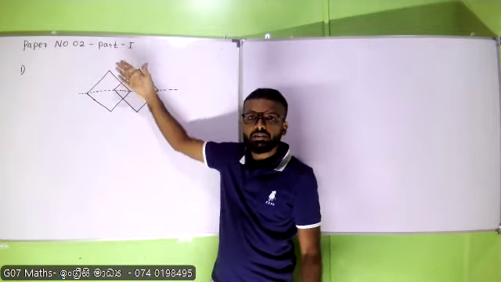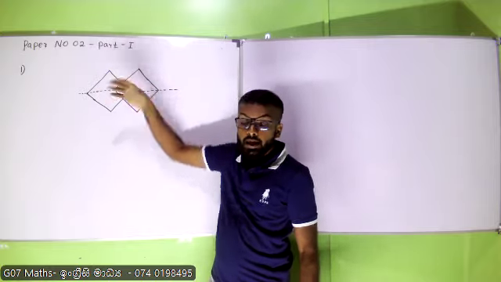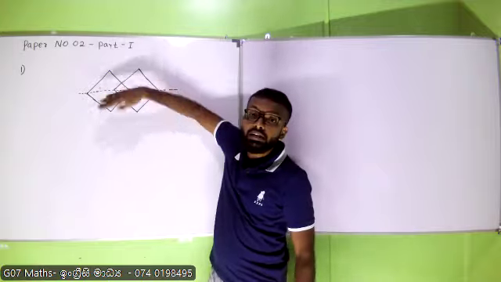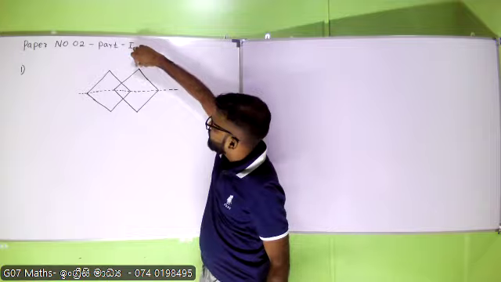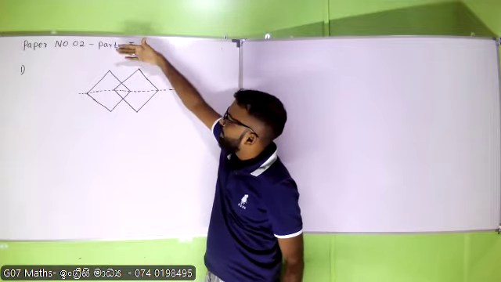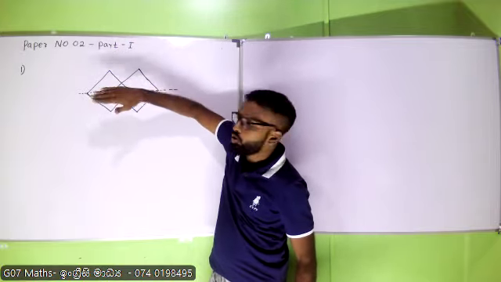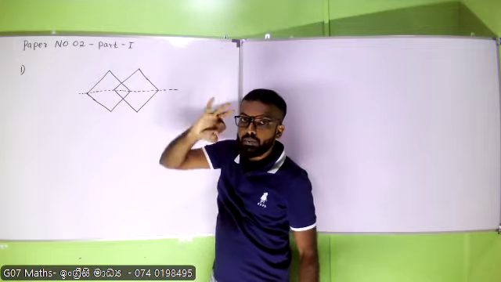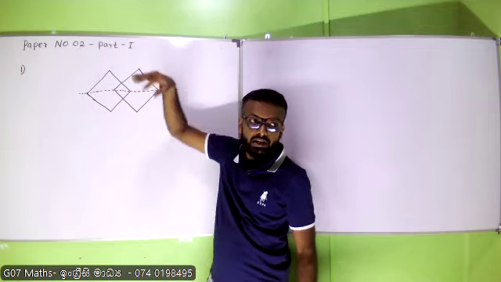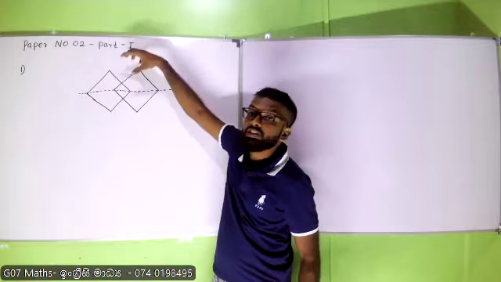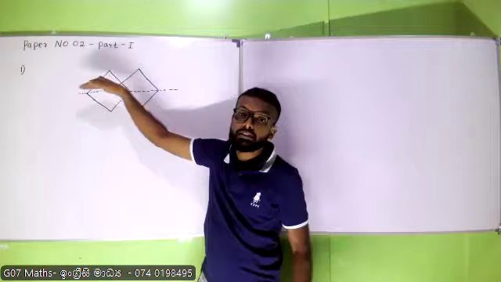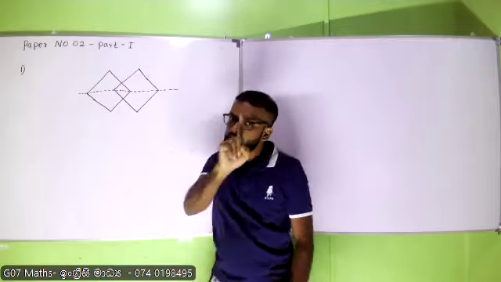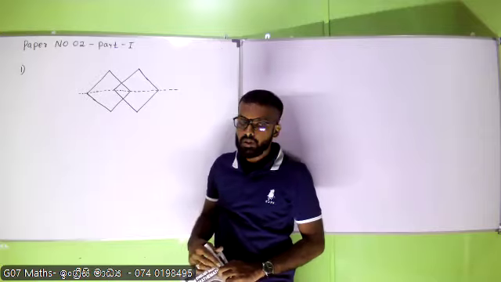Around this symmetrical axis you can fold this figure, and the two parts will exactly coincide with each other. If you catch here and fold it on top of this, it will exactly coincide. So this is one of the symmetrical axes that you can have.